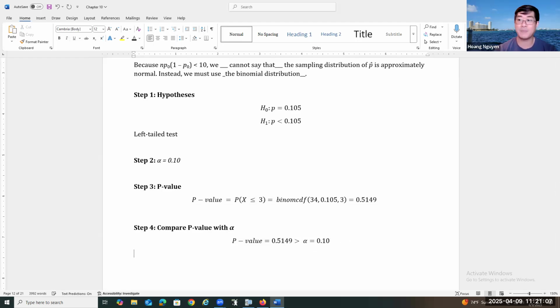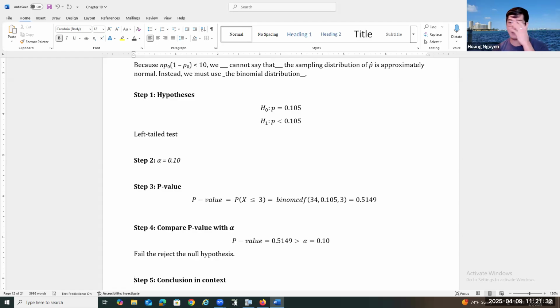So let's look at the way that we state the conclusion. Whenever the p-value is more than alpha, what should be your conclusion about the hypothesis? If the p-value is less than alpha, we reject. If the p-value is more, we fail to reject the null hypothesis.